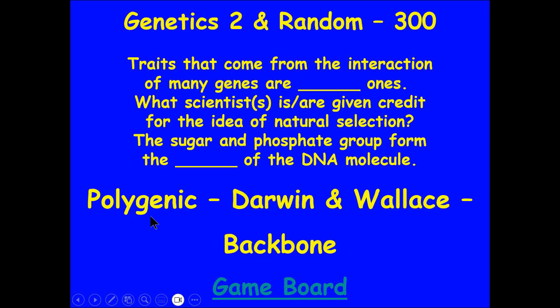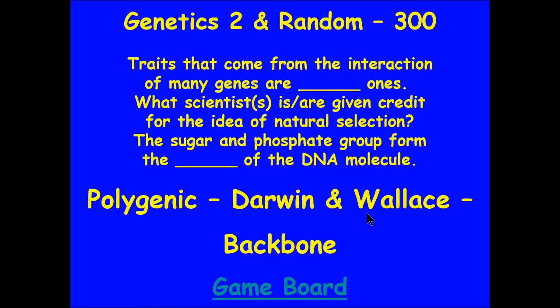All right, so many genes. Polygenic traits are influenced by more than one gene. Both Darwin and Wallace are given credit for natural selection. Remember, Darwin was taking a really long time to go public with his findings, and one of the things that actually got him over the hump was receiving a letter and some information from Wallace, who was doing research in the southern hemisphere.